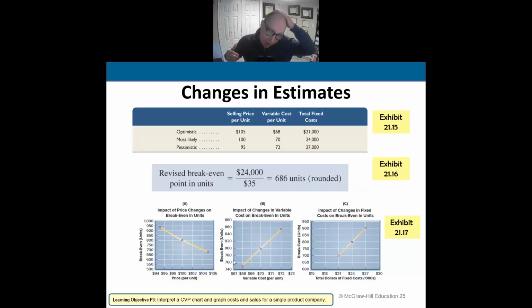If I bring my sales price down from 100 down to $90, that obviously means I need to sell more units to break even. If I raise my sales price from $100 to $105, I can sell less to break even. That's the point of this. If there's a change in the sales price, that means your point of break even also must change.